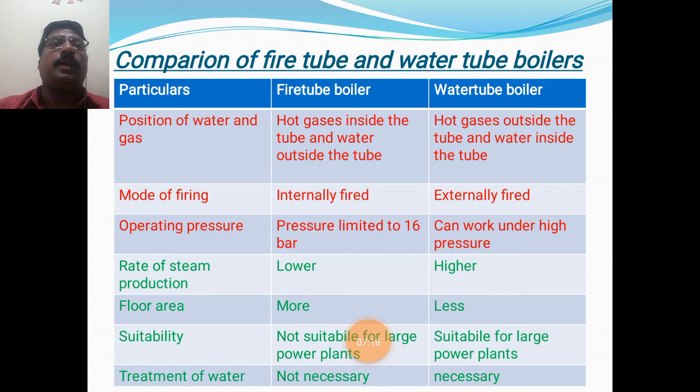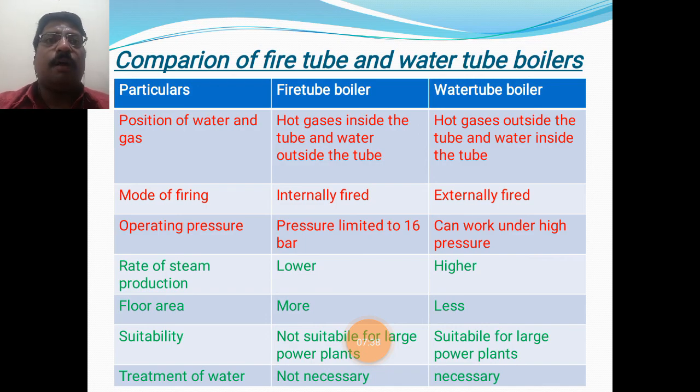In water tube boilers, the hot gases are outside the tubes and water is circulated through the tubes. Next, mode of firing. Fire tube boilers are all internally fired, that is, firing is done inside the shell, and water tube boilers are externally fired, that is, firing is done outside the boiler.